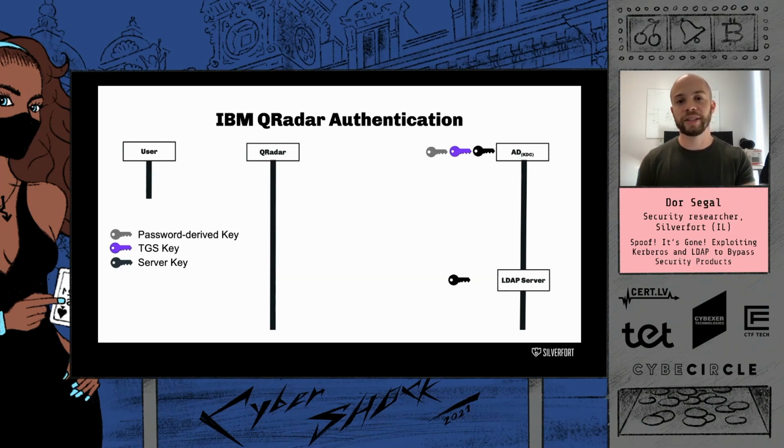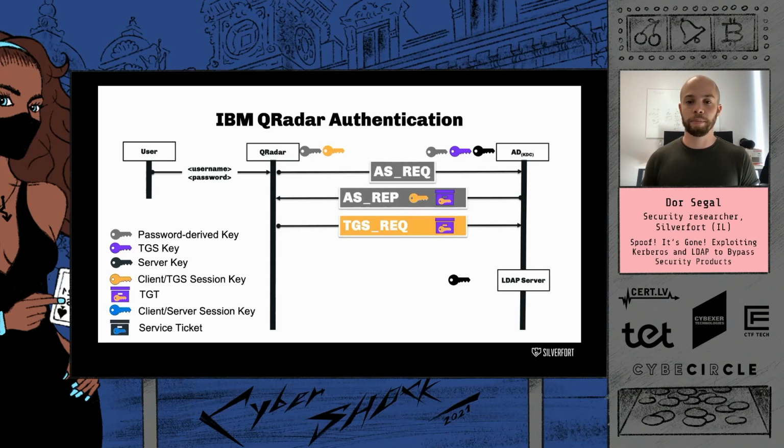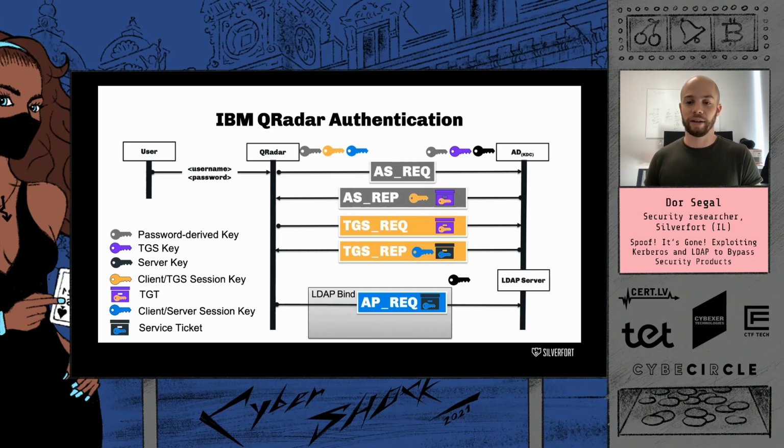So now that we understand the Kerberos protocol, let's apply it to the Curator. The user enters their username and password to the Curator, and this part is basically the same as a regular Kerberos authentication, and the service request, instead of Curator, is an LDAP bind. After the Kerberos authentication is over, an application request providing the service ticket is handed to the LDAP server, and the LDAP bind is performed.